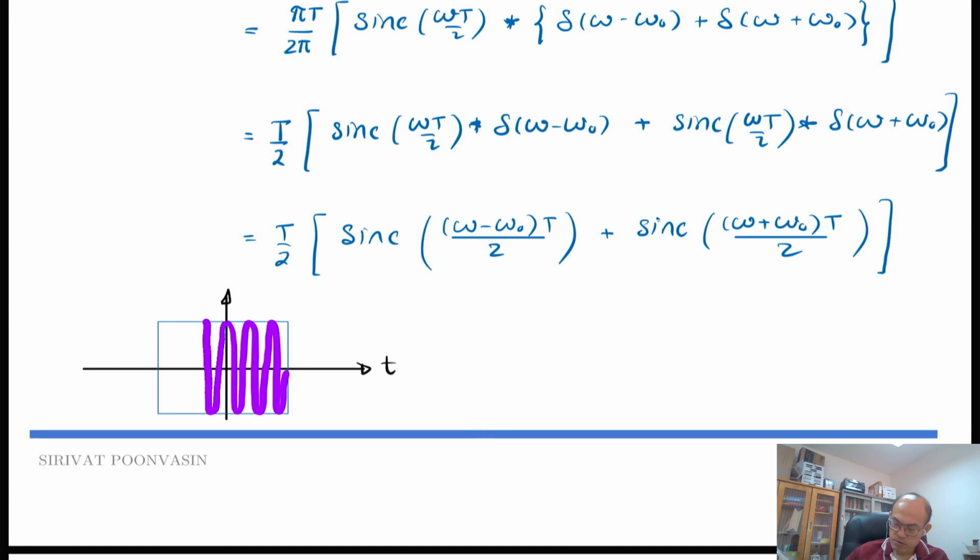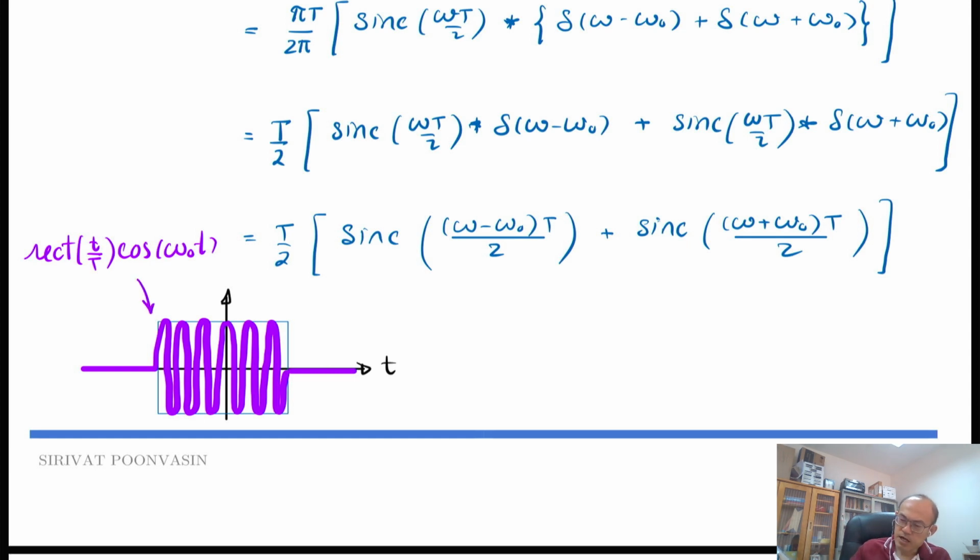The purple signal is a cosine at frequency omega 0. So this is rectangular t over T times cosine of omega 0 t. The oscillation inside has a frequency of omega 0. This is the time domain signal, the x signal.